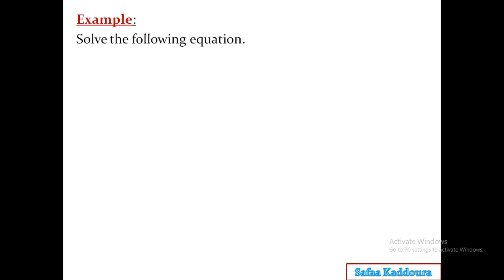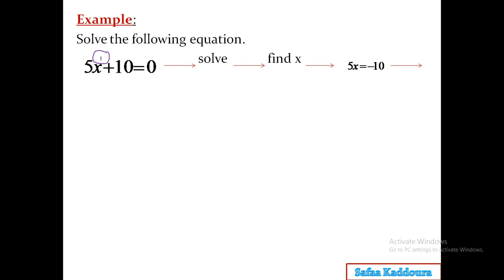We will take a simple example about solving a linear equation, which is of first degree. When we solve a linear equation, we first put the variable on one side and the constant on the other side. We isolate the variable. So first, solving means finding x.